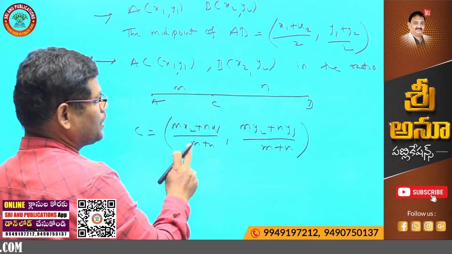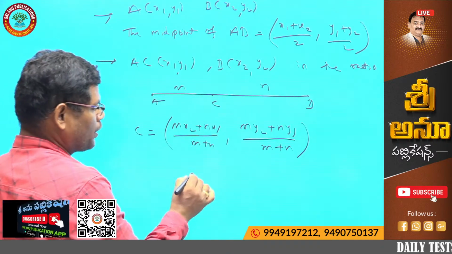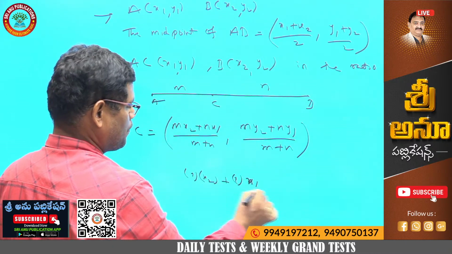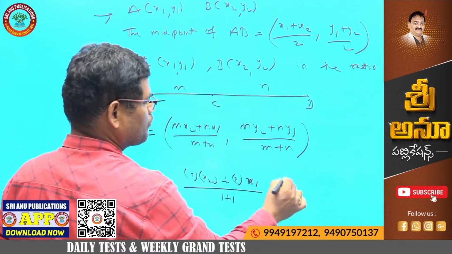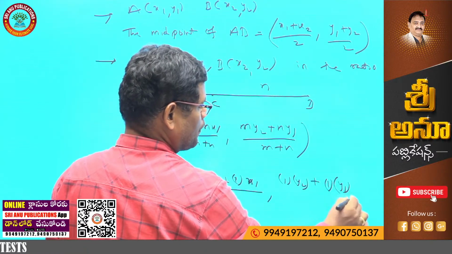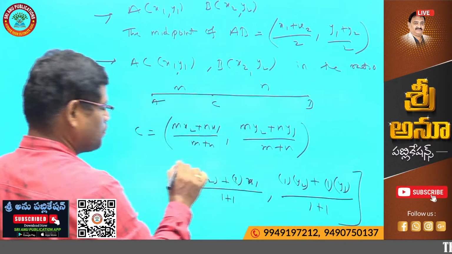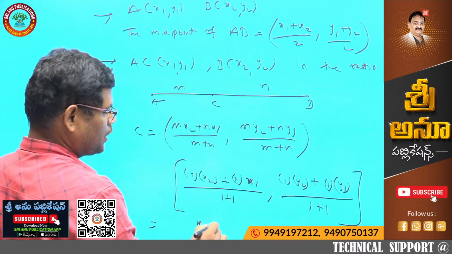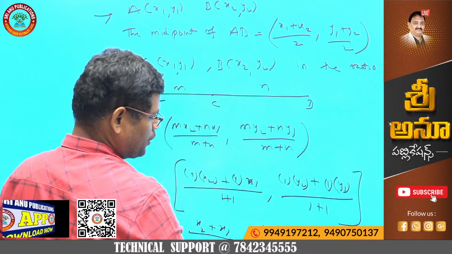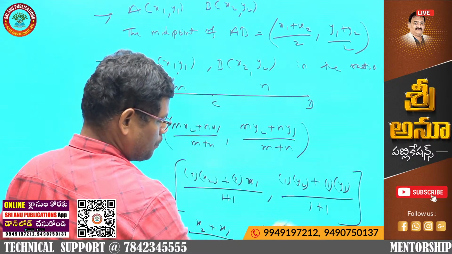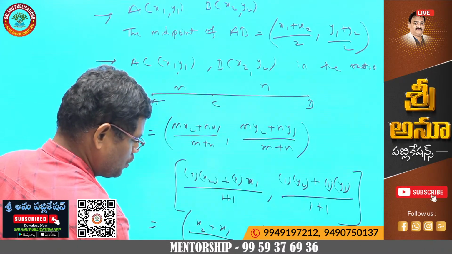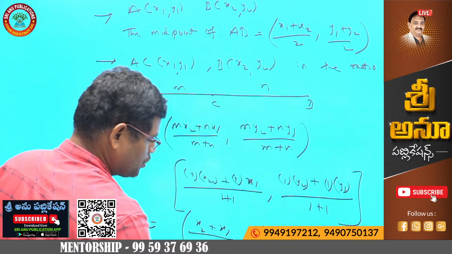Substituting m as 1 and n as 1, we get 1 into x2 plus 1 into x1 by 1 plus 1, which is x1 plus x2 by 2, and y1 plus y2 by 2. So we got it.